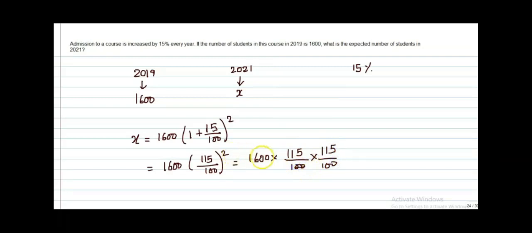As we cancel this, we get 16 into 115 square by 100, which is nothing but 16 into 13225 by 100.